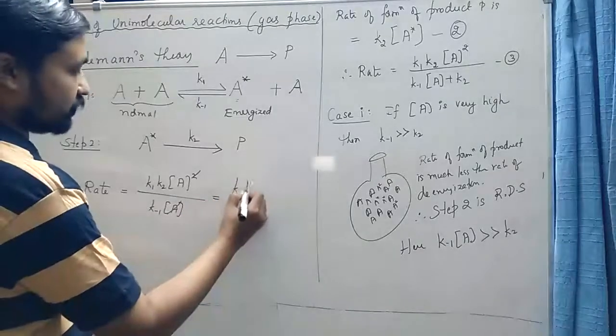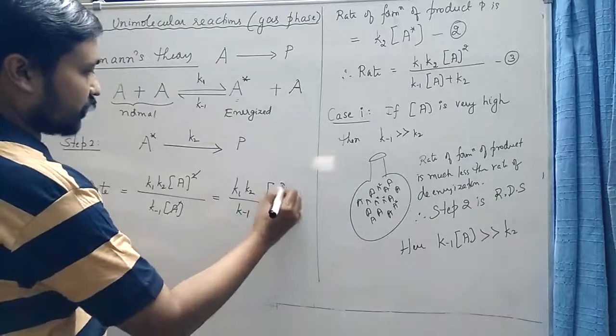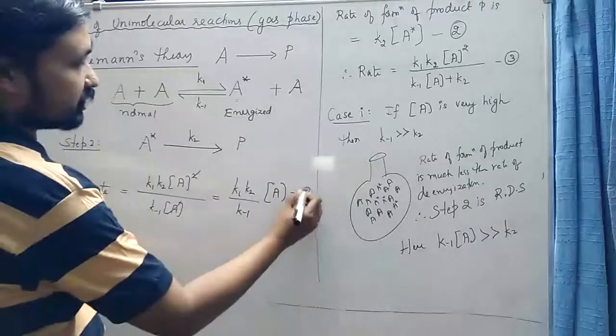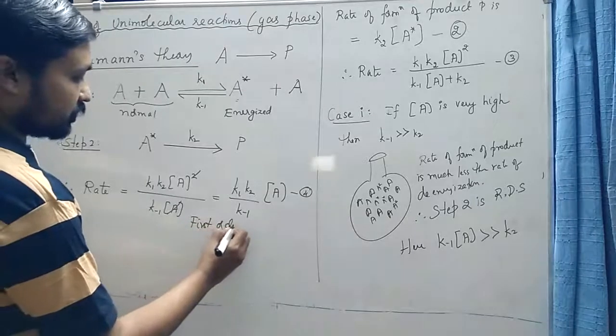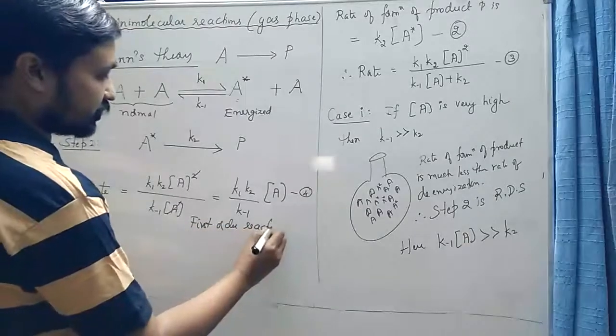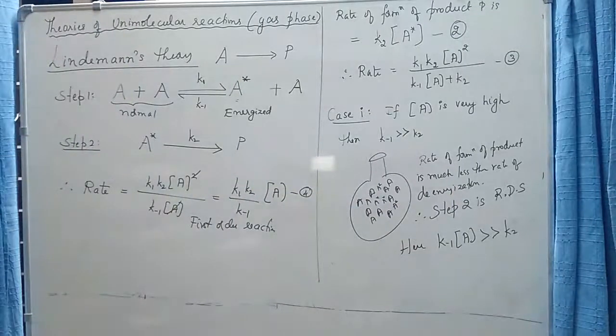You get k1 into k2 divided by k minus 1 into A, which is nothing but a first order reaction. This is what I said here, because the second step is the rate determining step, it is the first order reaction. So the reaction follows first order kinetics when the concentration of the reactant is very high.